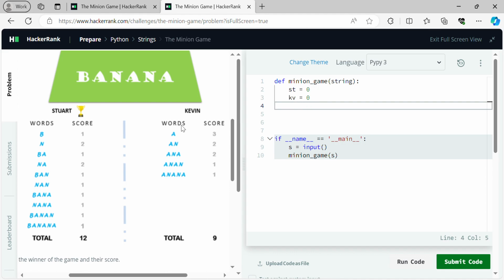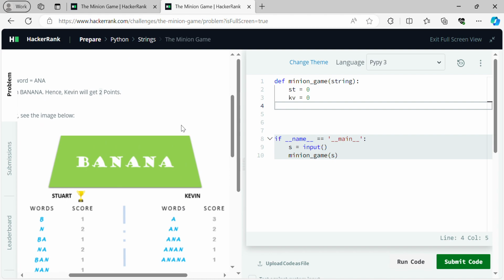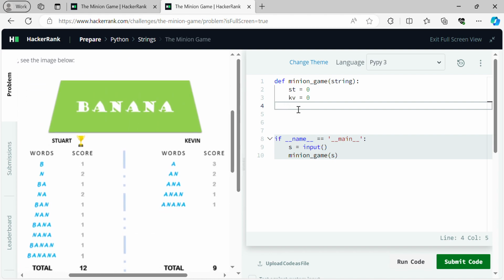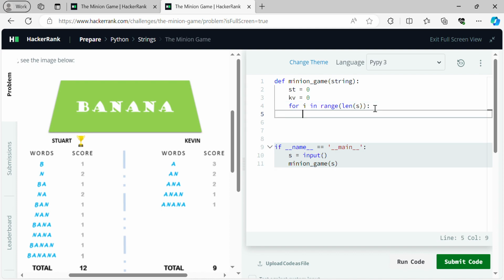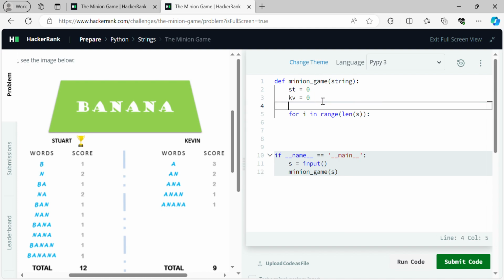Coming to the next line, I will use the loop for i in range(len(s)). I will explain why I am using this loop also. I will mention v equal to a, e, i, o, u.